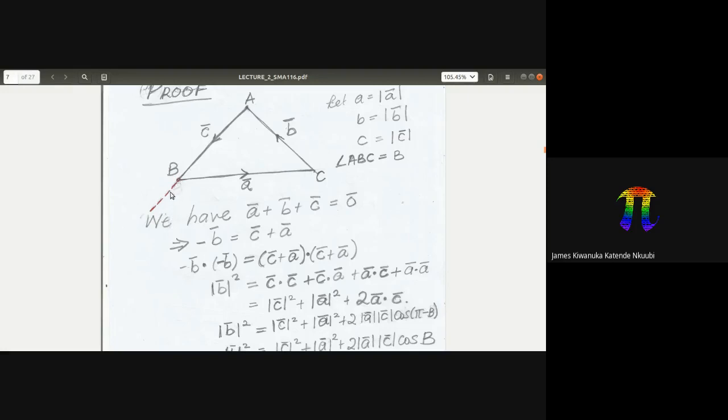So it will be a cosine of the angle which is pi minus this angle. No, actually it will be exactly this angle, but pi minus B still works. B is this angle here.